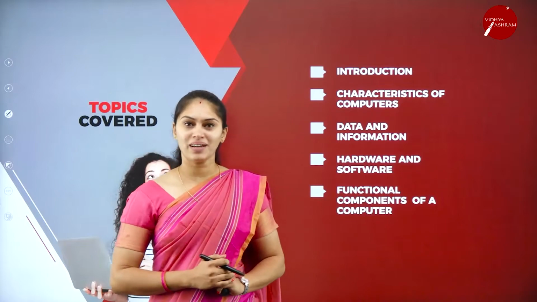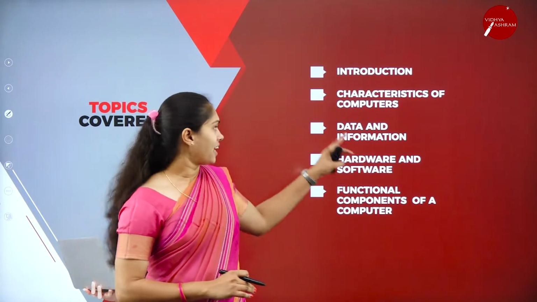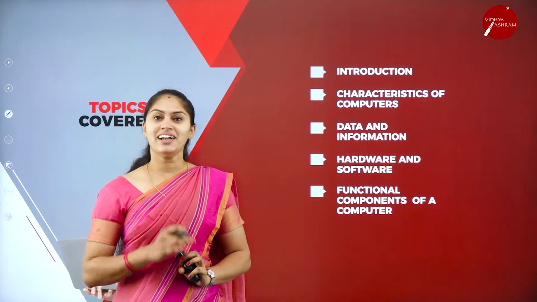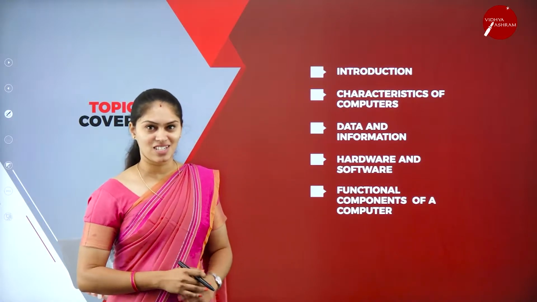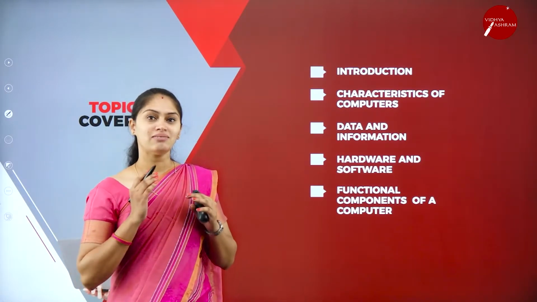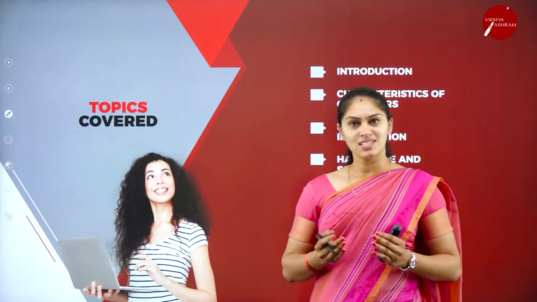Then what are the topics that I am going to cover in today's session? You can list them here. First, the definition or introduction of a computer: what do you mean by computer and what is its definition? Then I am going to look at the characteristics of a computer, how computers are characterized.